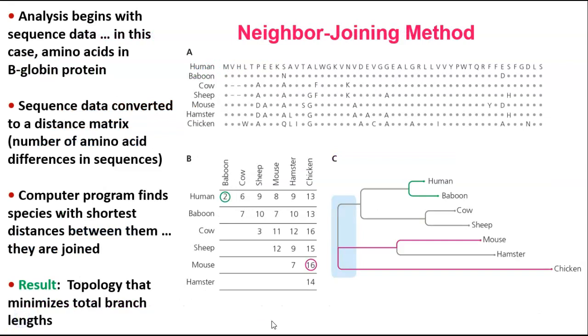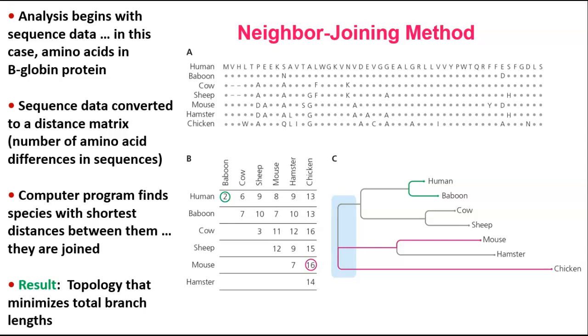All right, so let's take a quick look here at how the neighbor joining method works. So, of course, this is from your textbook. First of all, the analysis, of course, begins with sequence data. And in this case, we're dealing with amino acid sequence data in the beta globin protein.